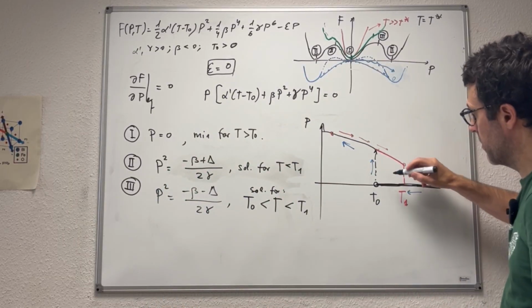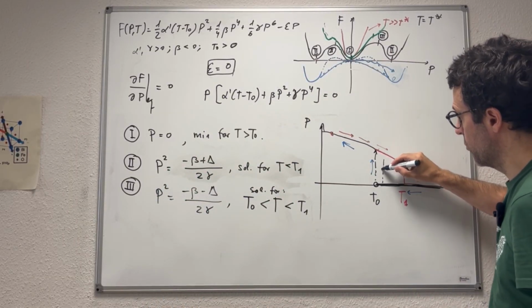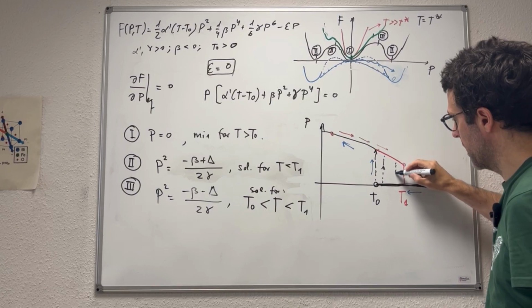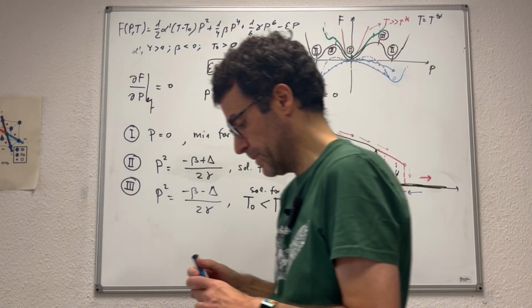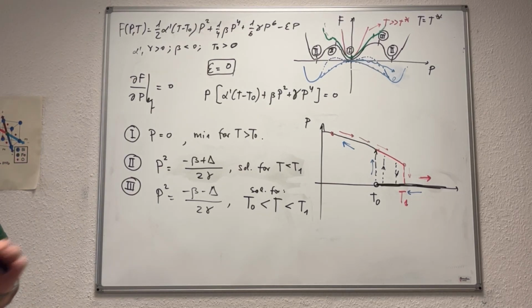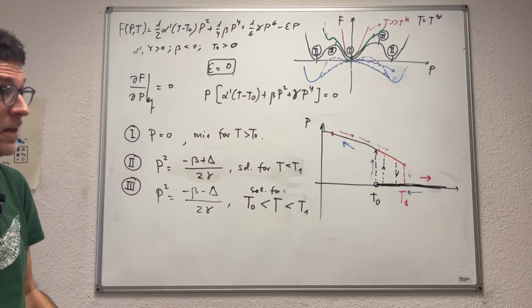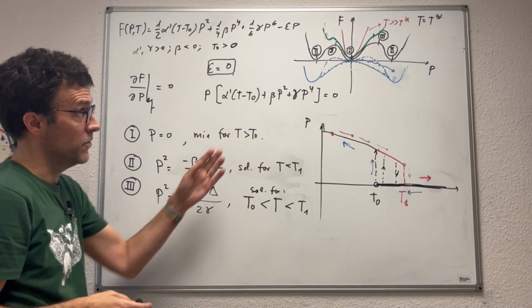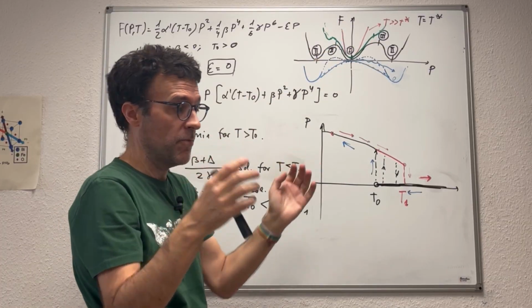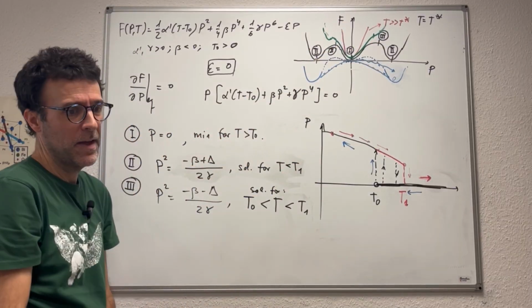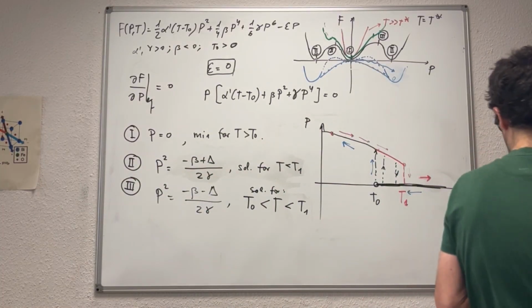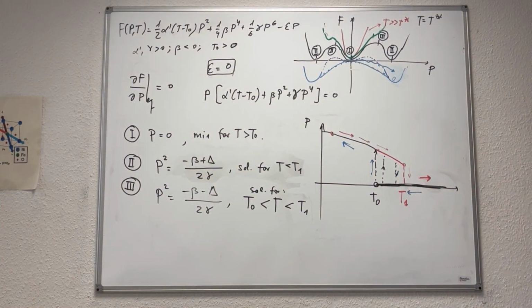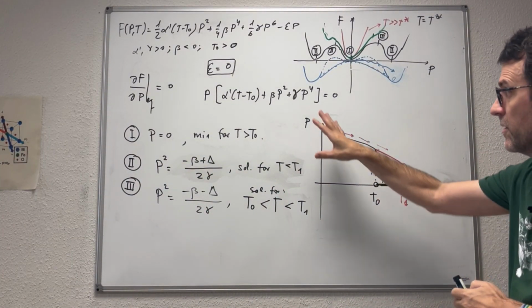So in reality, probably the phase transition when we cool down happens here, when we heat up happens there, or even they can happen very close by. If all this happens at very high temperature, for example, and we have enough thermal activation to escape from minima and to jump over barriers, a variety of things can happen, of course. But the basic phenomenology is here and it's quite nicely captured by this very simple theory.